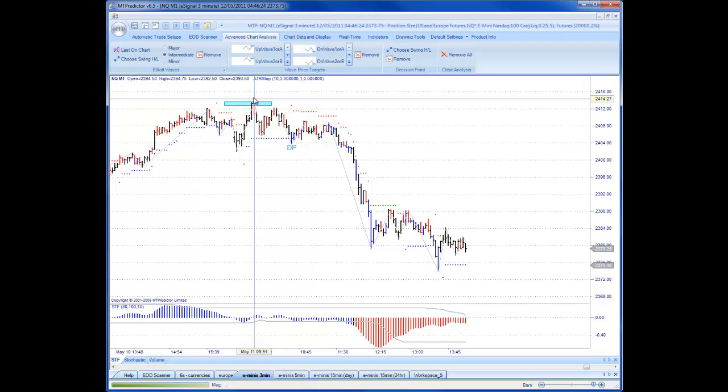I always love it when you can get into a short trade off the reversal at the very high of the day. And again, MTPredictor has the tools in the software that will allow you to uncover trades like this. But overall, a very good day for the MTPredictor software program yesterday for both standard and advanced traders.